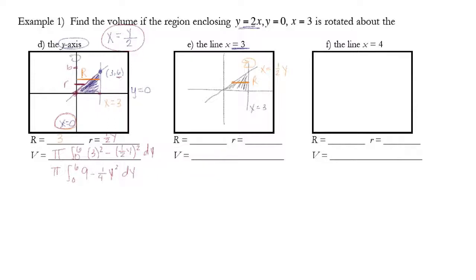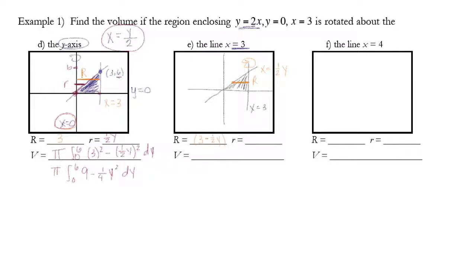The reason we're starting with 3 is the same reason we started with the function on top earlier: 3 is farther to the right, and we want to make sure we have a positive value. So we're going to say 3 minus that 1/2 y.